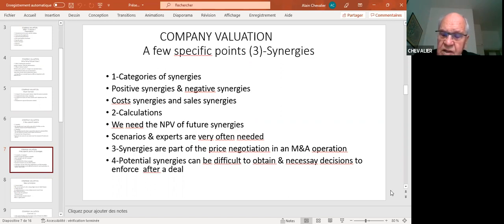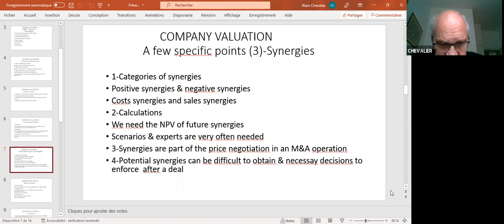And as the identification and measure of the potential synergy and the schedule are difficult to obtain, you need experts. You find in the world consulting firms, not very big firms, but very specialized in the identification and calculation of future synergies, the design of their schedule, and their impact on the valuation process.